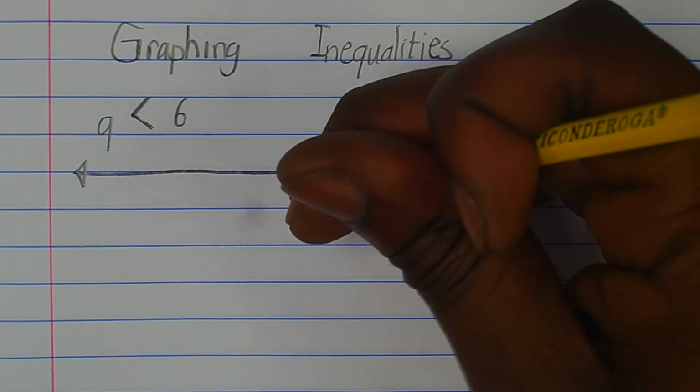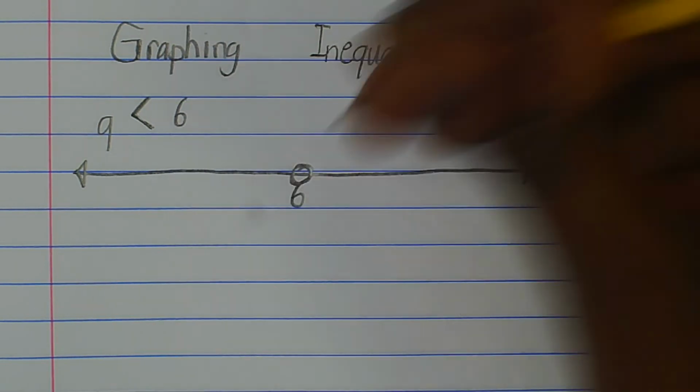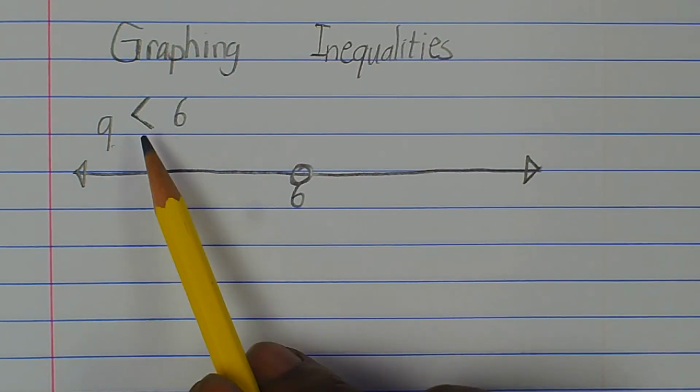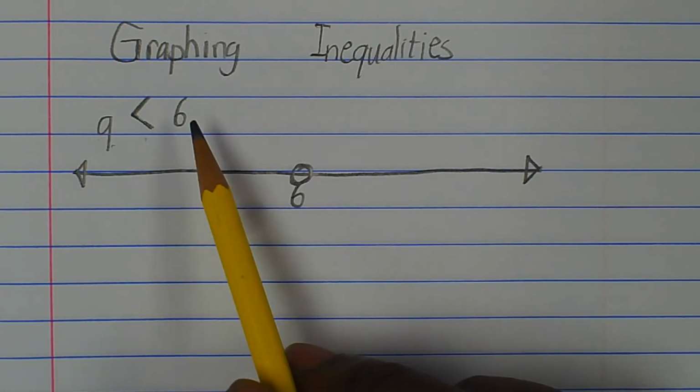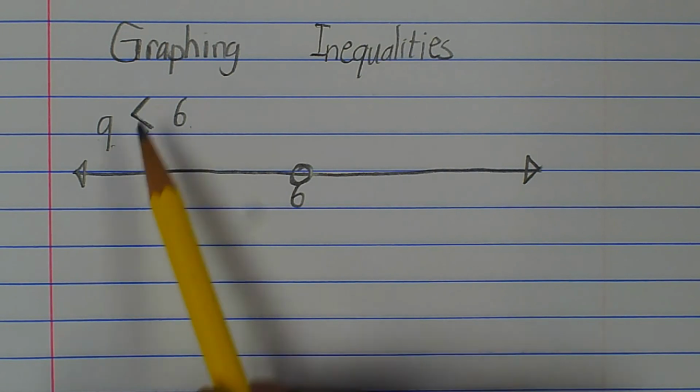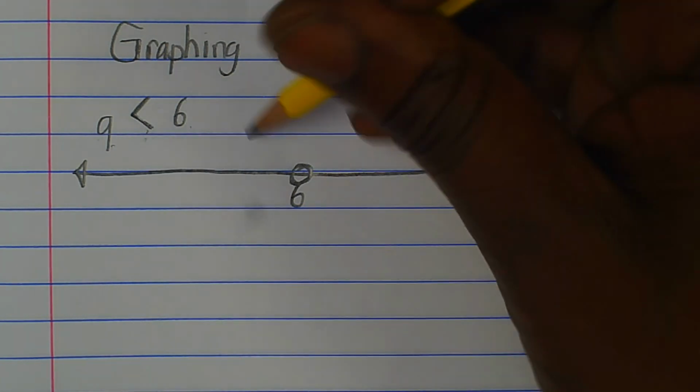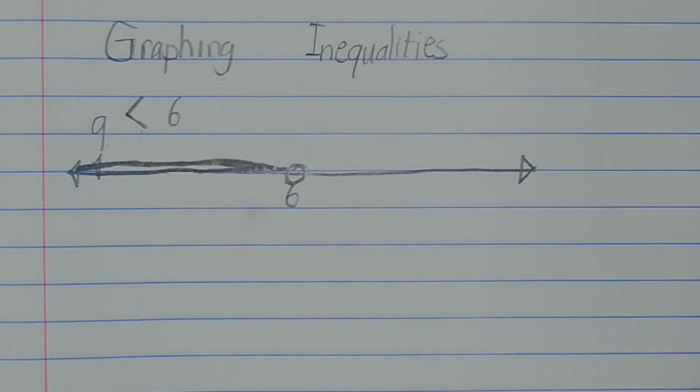At 6, I'm going to have an open circle because Q is less than 6. So that means Q is any number that is less than 6. So that means all numbers that are less than 6, and it keeps going like that, okay?